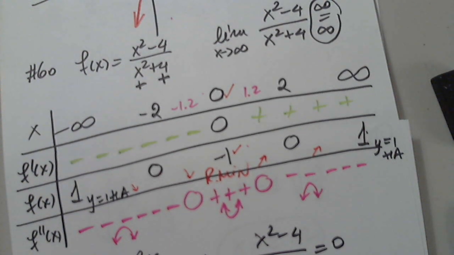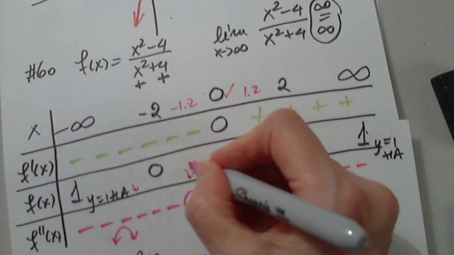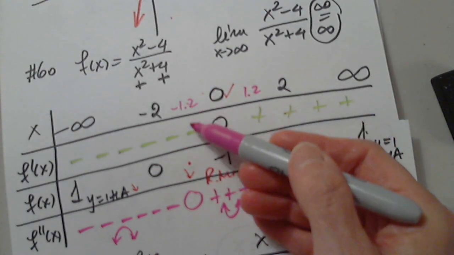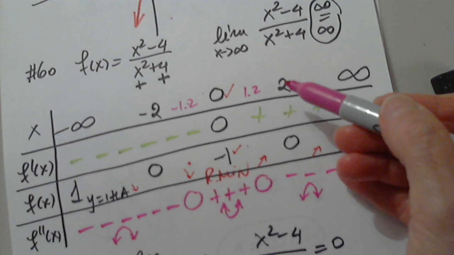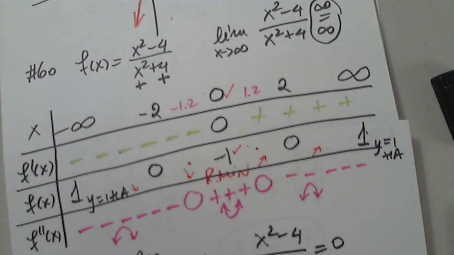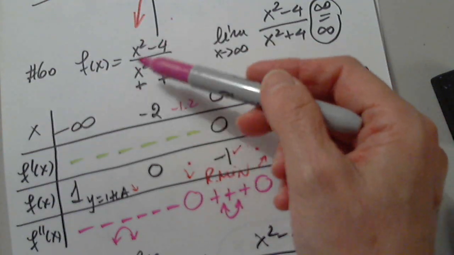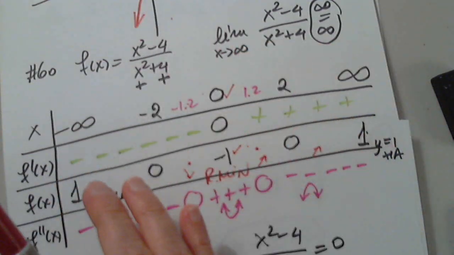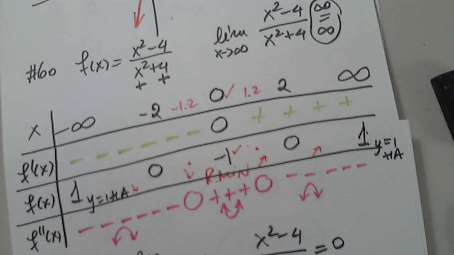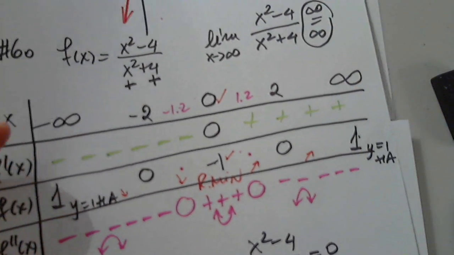Now, I have to find this point. When x is -1.2, I have to find the y value. When x is 1.2, I have to find the y value. The function is even, because if you replace x by -x, it will be symmetric with respect to the y-axis. I'll refresh your memory on the types of symmetry in a minute.